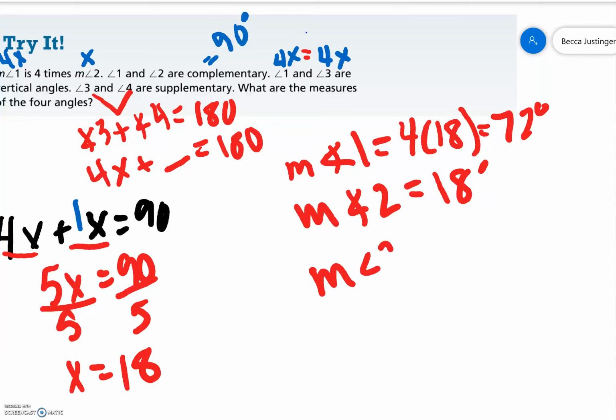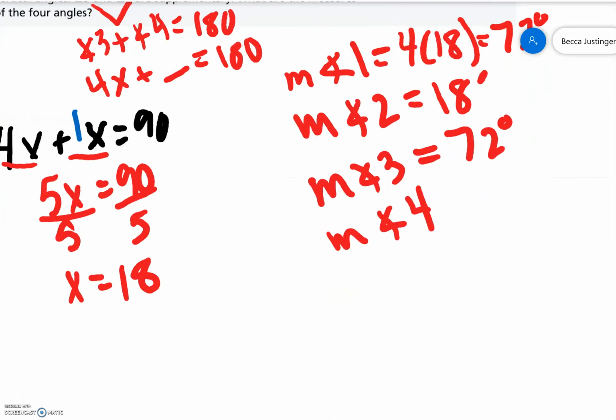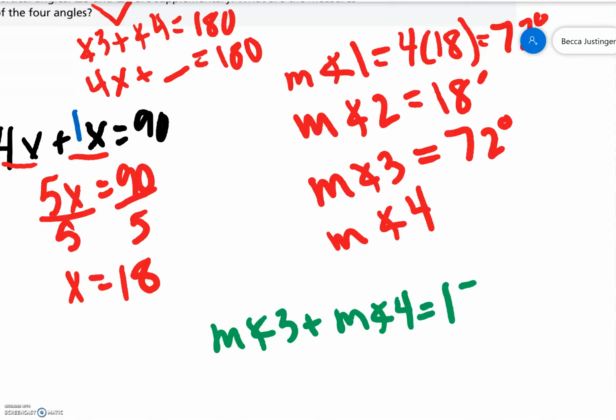Measure of angle 3, remember, is the same thing as measure of angle 1, so that's also 72 degrees. And then measure of angle 3 and 4 are supplementary. So angle 3 plus angle 4 equals 180. Well, we already found out that measure of angle 3 is 72.